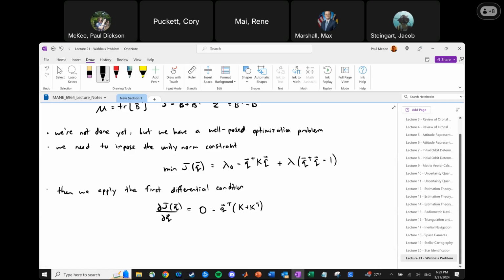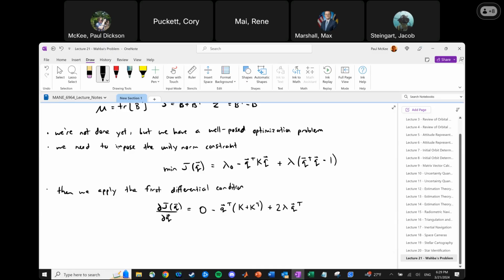What is the derivative of this other term here? So it's lambda q transpose q. Well, the derivative of q transpose q with respect to q is going to be 2q transpose. So this term becomes 2 lambda, can't forget the lambda, q transpose. And then there's another term that's just lambda, which goes away. Right?